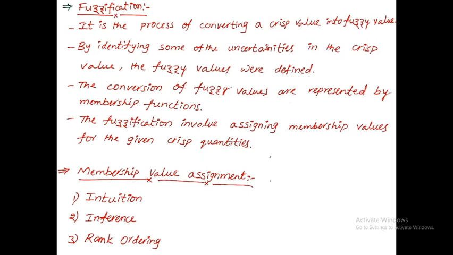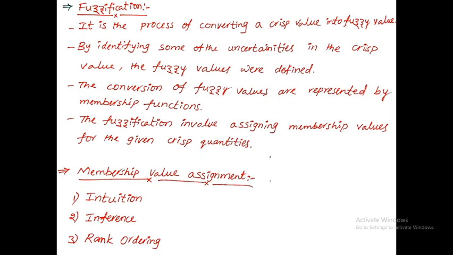If it is 9, you will get 0 in that particular range. Membership value is 0. If it is 0.5 membership value, your grading is 9.5. Likewise, we will assign the membership values for the given crisp quantities.